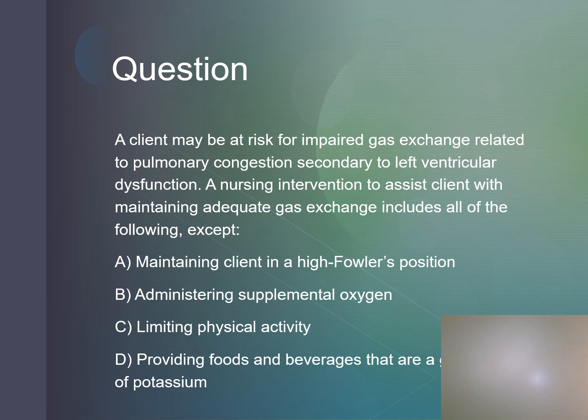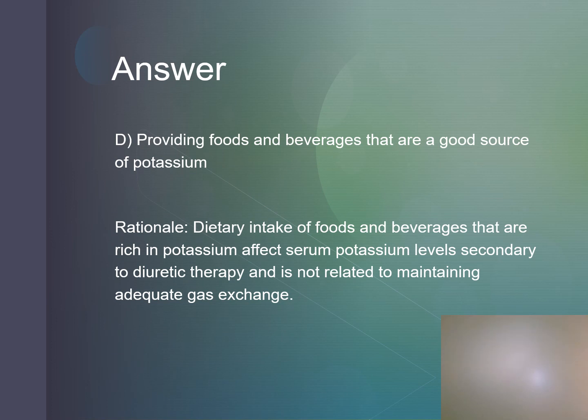A client might be at risk for impaired gas exchange related to pulmonary congestion, secondary to left ventricular dysfunction. A nursing intervention to assist the client with maintaining adequate gas exchange would include all of the following except providing foods and beverages that are a good source of potassium.